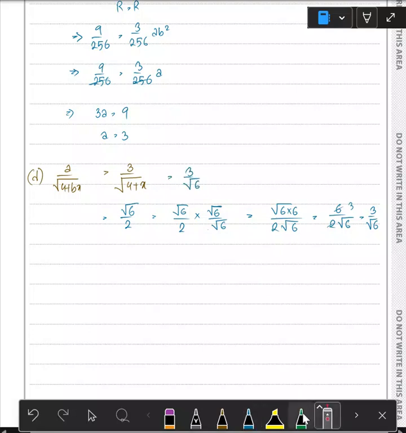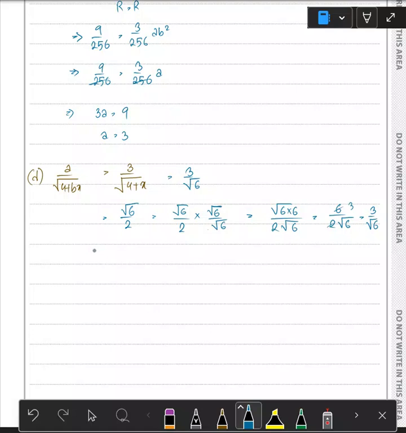So we can assume that these two are equal, because they are very similar. We need to find the value of x for which this would be equal to this. We can just see that if x is equal to 2, then this will be root 6. But the proper way to do it is this.